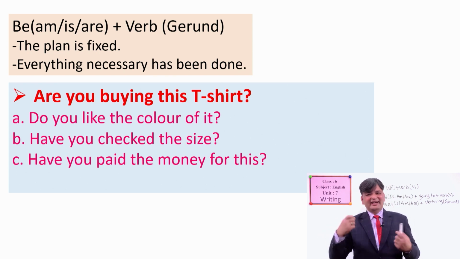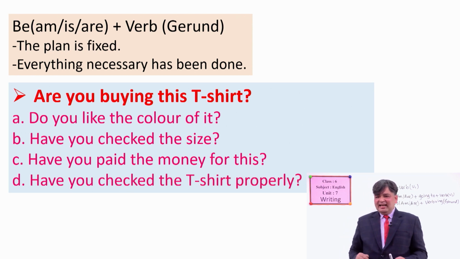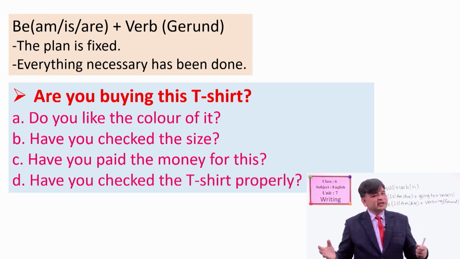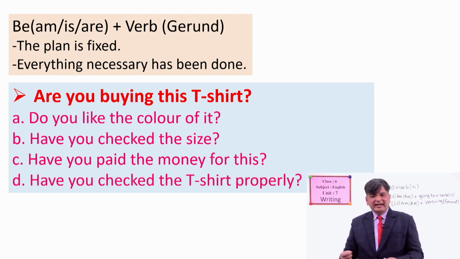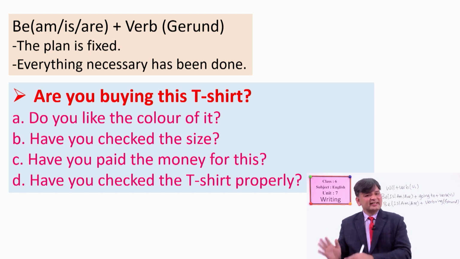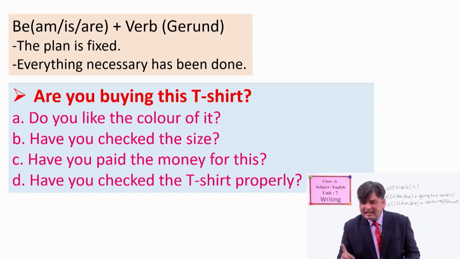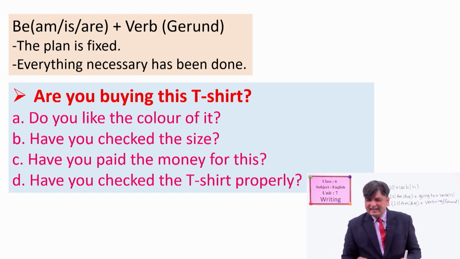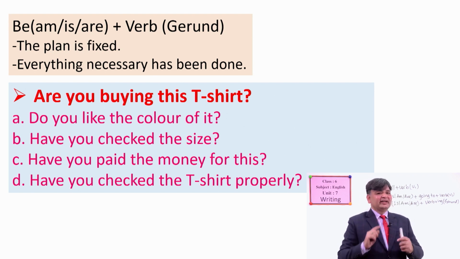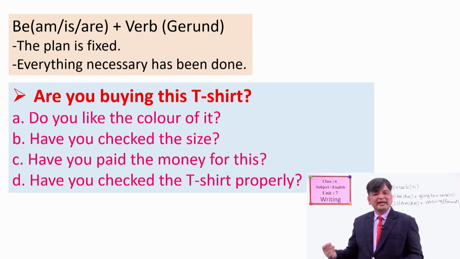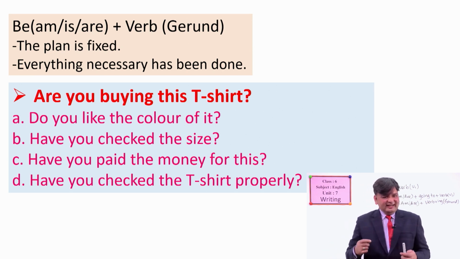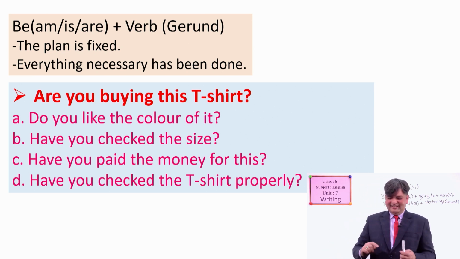To buy something, we have to pay money, right? This is another preparation. And yeah, finally we checked whether there is any damage. Okay, so in this case you can say, I'm buying this t-shirt, right? If your answer is yes for all the conditions, then only you can say, yes, I'm buying this t-shirt. Did you understand? Good, you did.